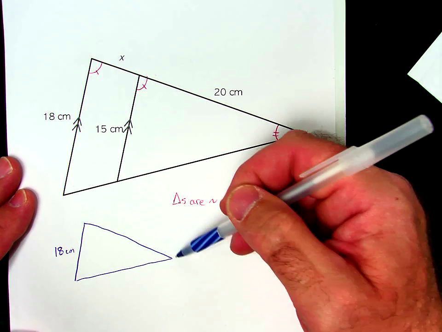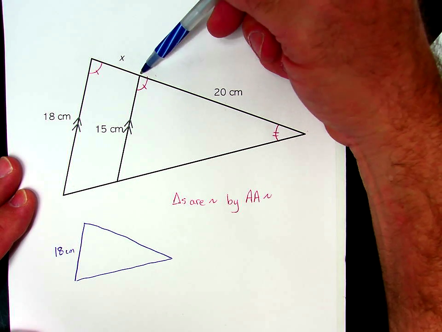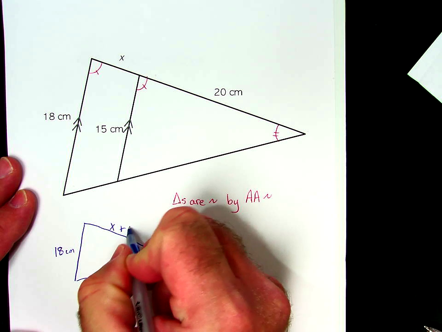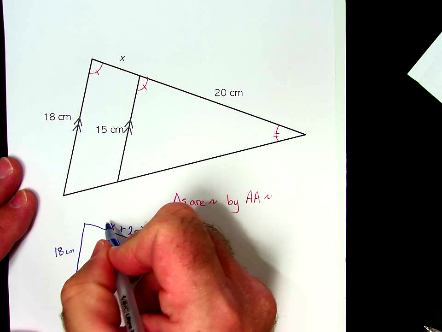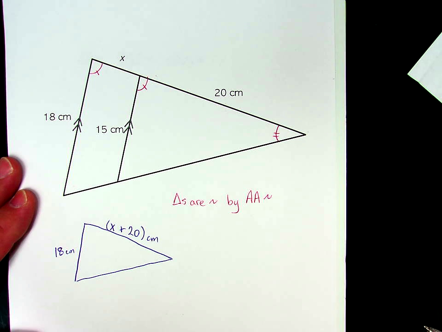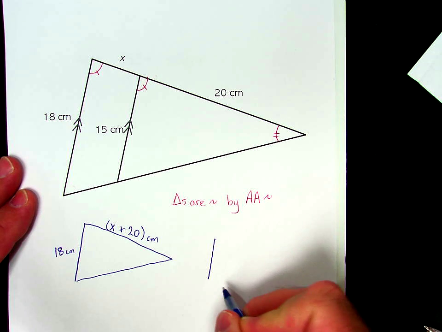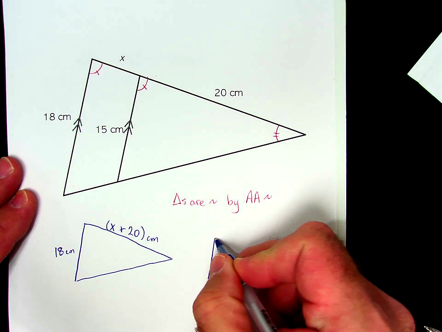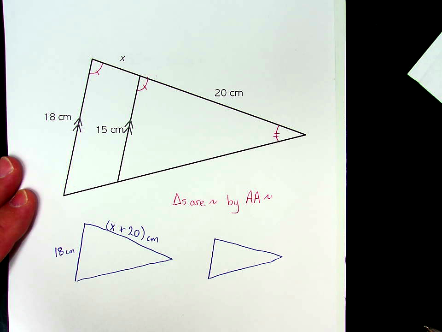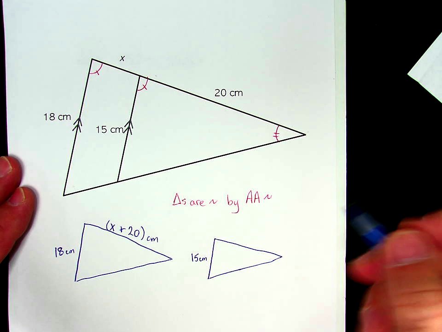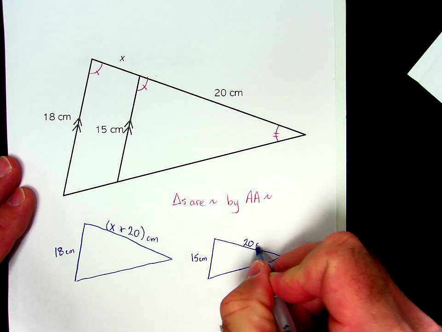This entire distance would be the sum of these two lengths. So this would be x plus 20 centimeters. In the smaller triangle, again, I'm just sketching this, so it doesn't have to be perfect. This distance is 15 centimeters, and this distance is 20 centimeters.